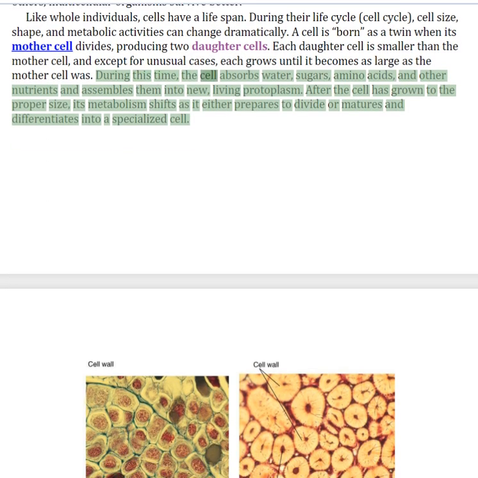During this time, the cell absorbs water, sugars, amino acids, and other nutrients and assembles them into new, living protoplasm. After the cell has grown to the proper size, its metabolism shifts as it either prepares to divide or matures and differentiates into a specialized cell.